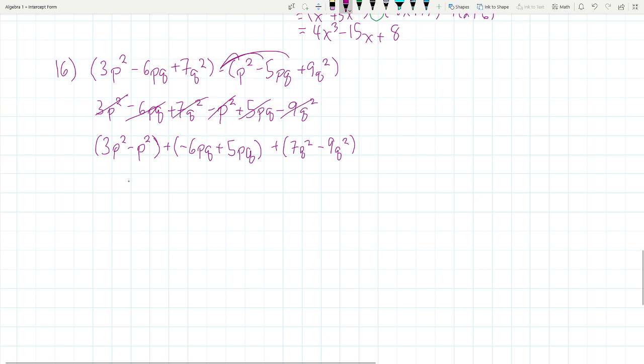So now I'm going to combine like terms, so I get 2p squared, minus pq, and negative 2q squared.